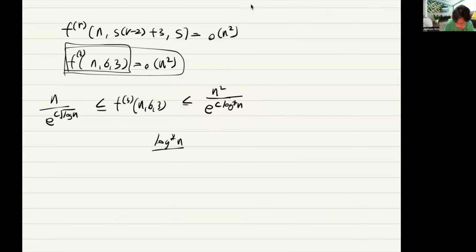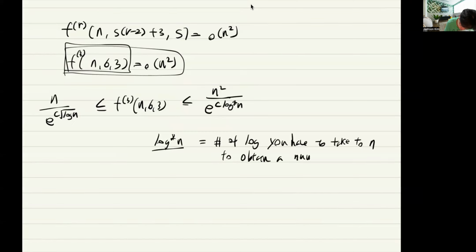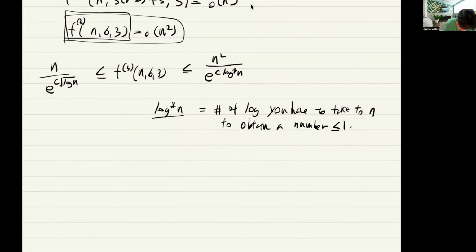This log star is like the inverse of the tower function. So this is the number of logs you have to take to obtain a number less than or equal to 1.